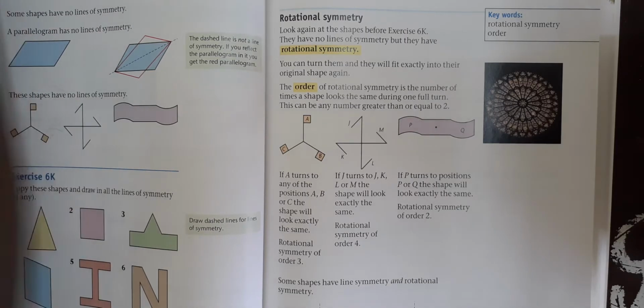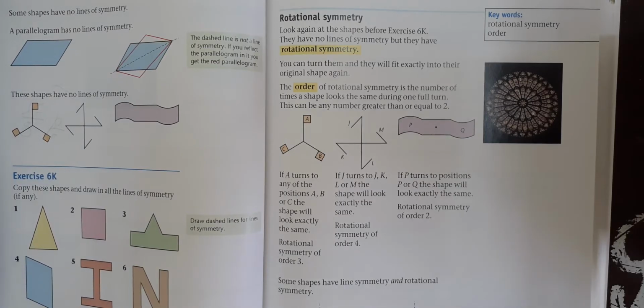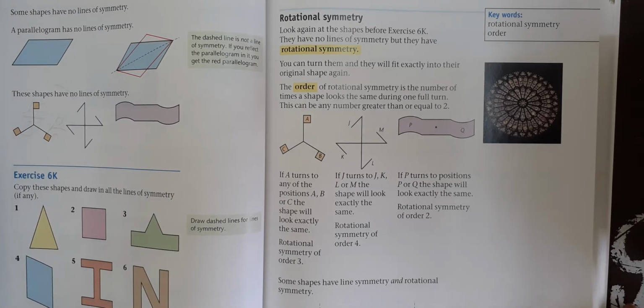So if you have a figure or an object that doesn't have the order of rotational symmetry, or that has 1, it's like we're talking about the same thing.